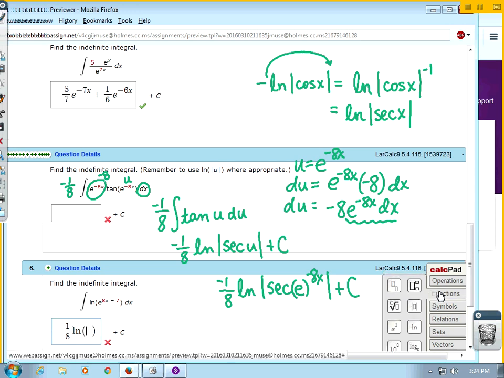I do like the fact that you can type in your trig functions and things like ln and pi without having to go over and hunt them down.